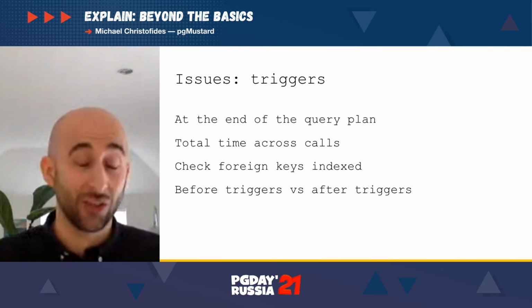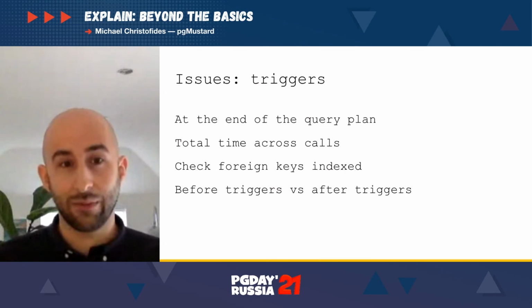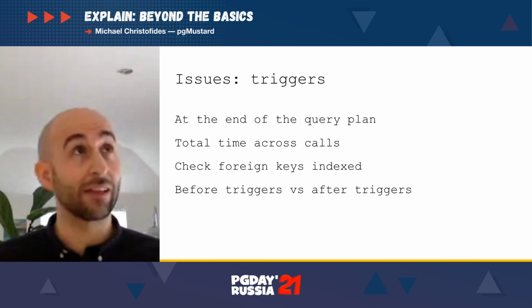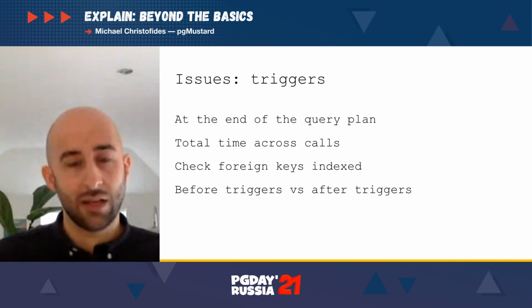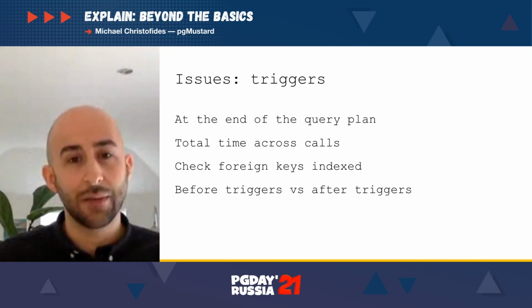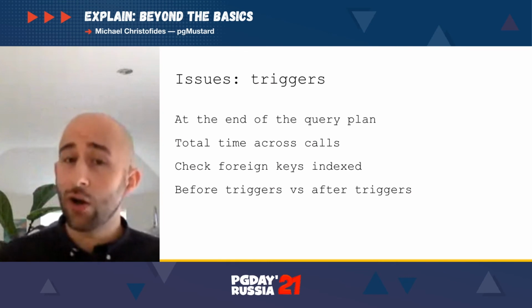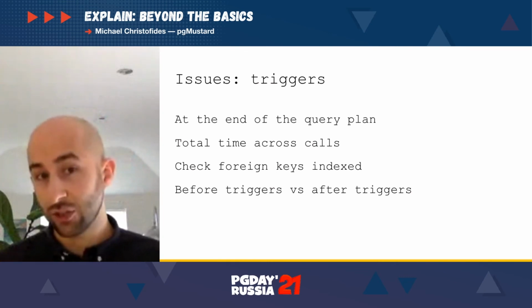And then one other subtle thing that probably won't matter to you, but is a thing that tools can get tripped up by, is that before triggers and after triggers are naturally accounted for differently when it comes to the timings. So the after triggers are not included in the first operation's time, but they are included in the total execution time.